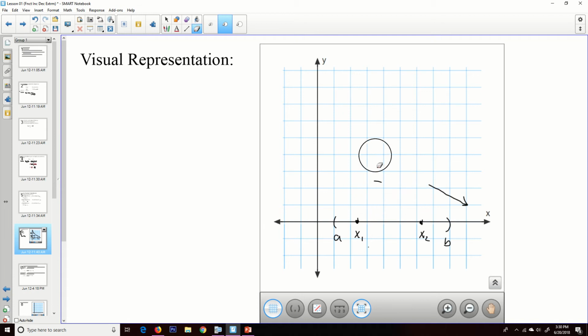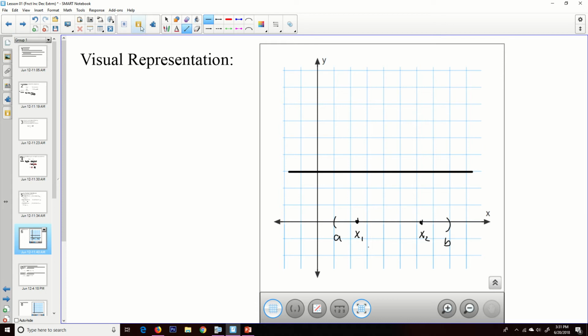And so a horizontal line would look like this. Here's my constant function, and in this case, this point right here has f of x1 being equal to f of x2, and that's for a constant function.